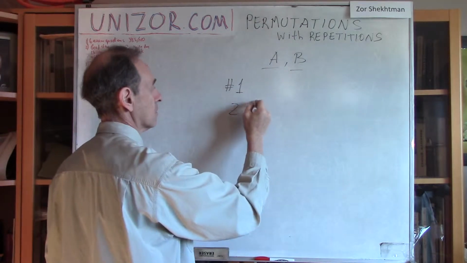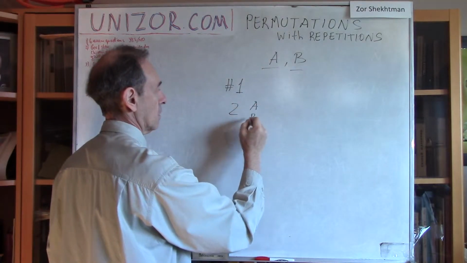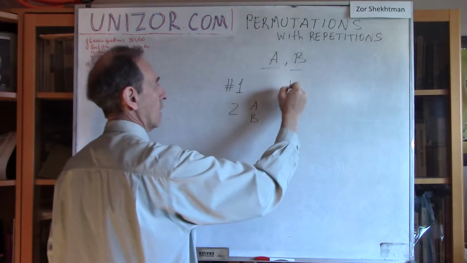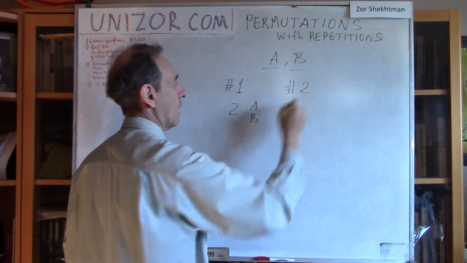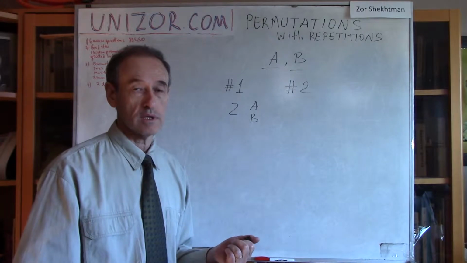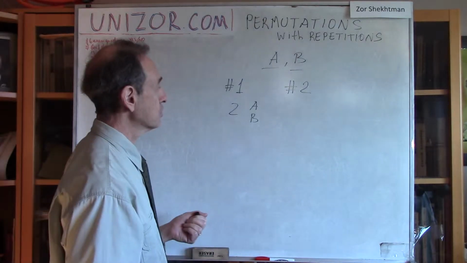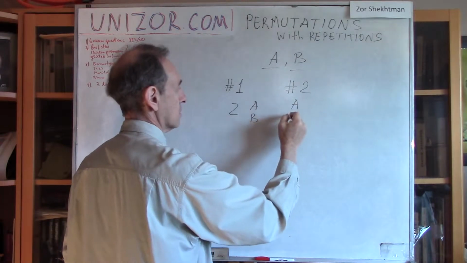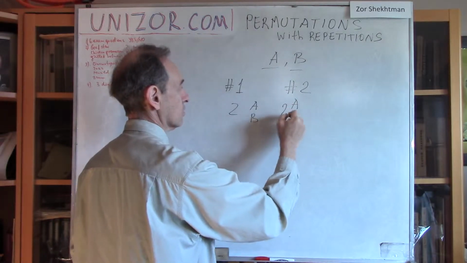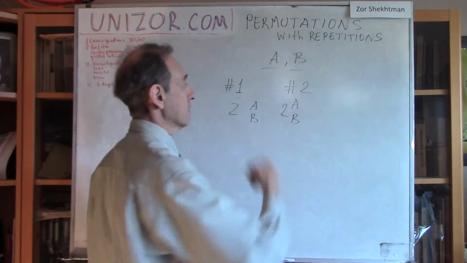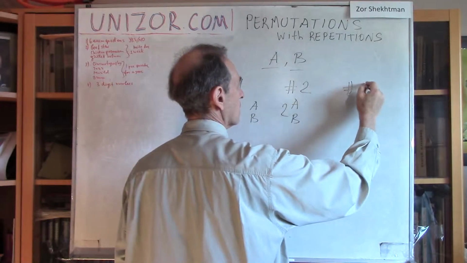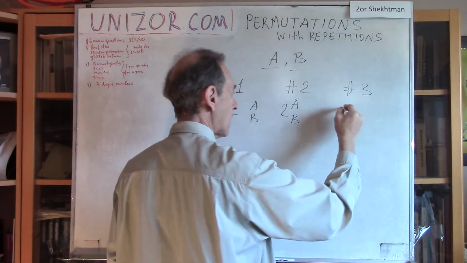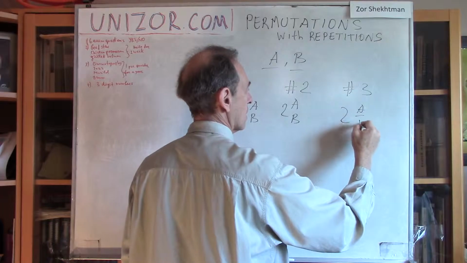A or B. Then I pick for letter number 2 again from the same set, A or B, and it's also two choices. And then again for the number 3 spot I will have two choices, A or B.